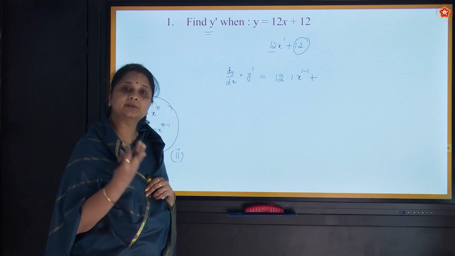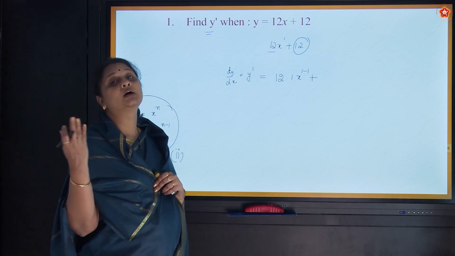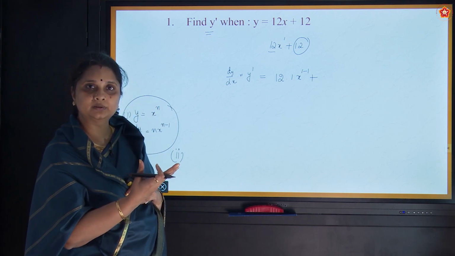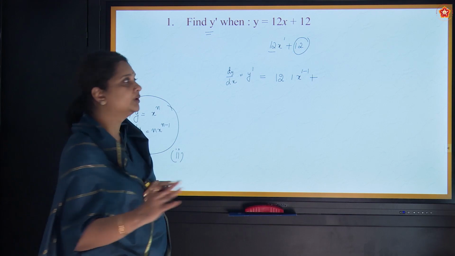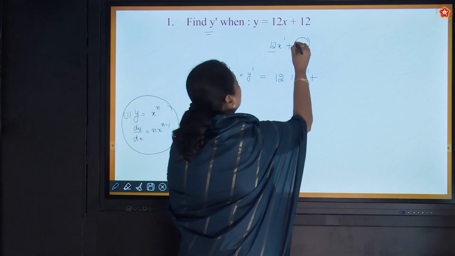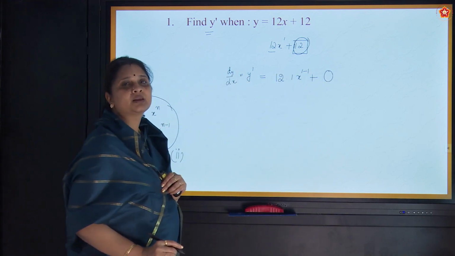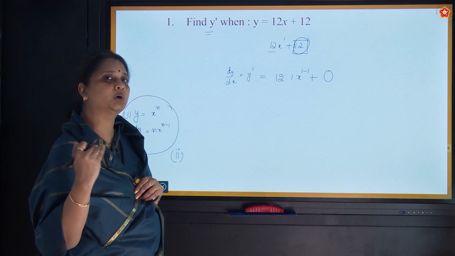A constant remains the same in any situation. So what will be the change to it when you make changes on another variable? There's not going to be any change, or the change is going to be 0. So whenever you differentiate a constant, it becomes 0. A standalone constant term on differentiation gives you a 0.